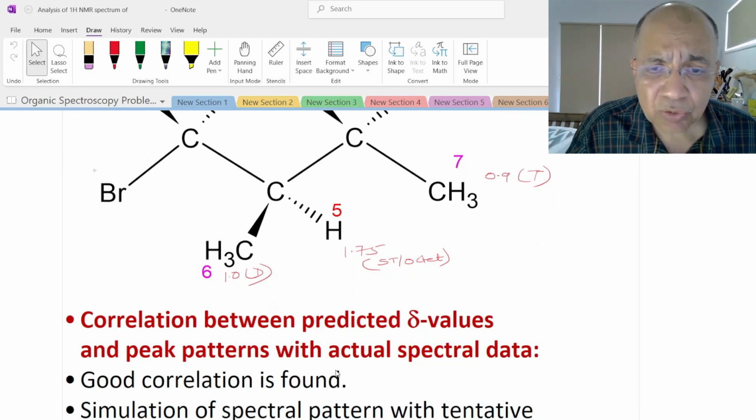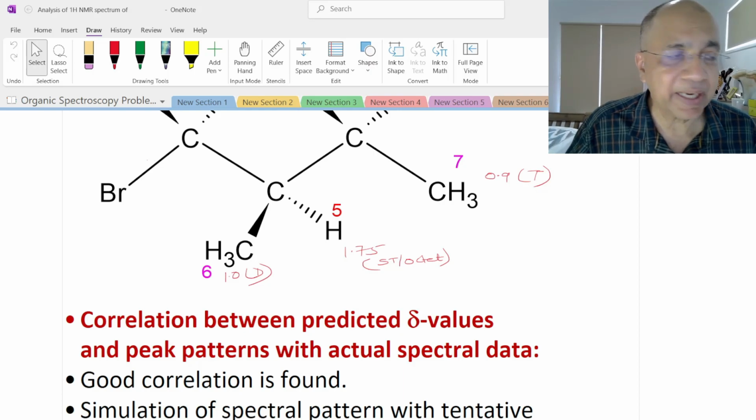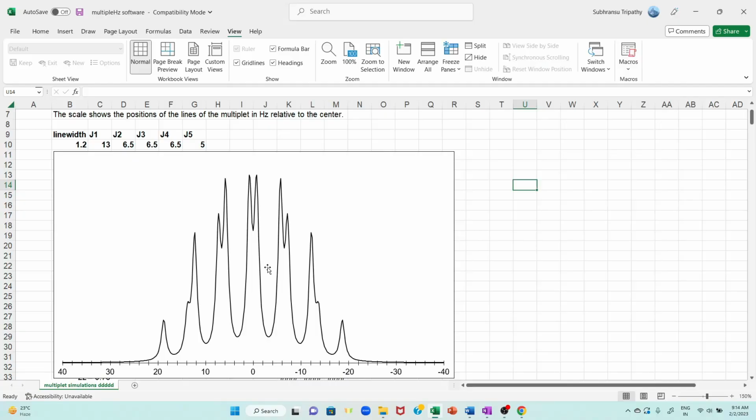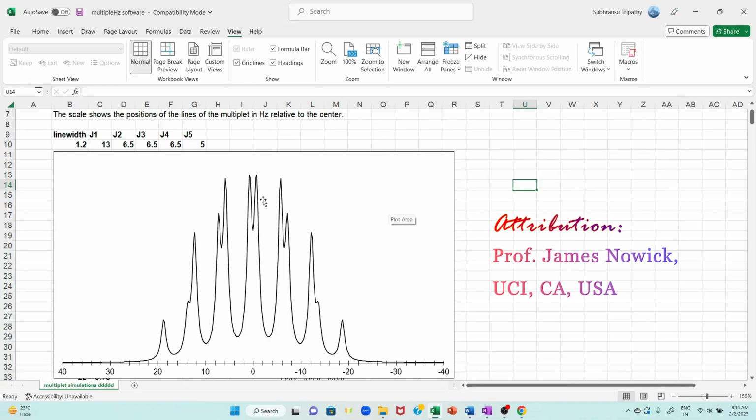So let us try to simulate in another package, Excel software. You find here, this is an Excel software package for simulating the peak pattern, giving the J values. You put the J values here, there are 5 J values, you get what could be the peak pattern.